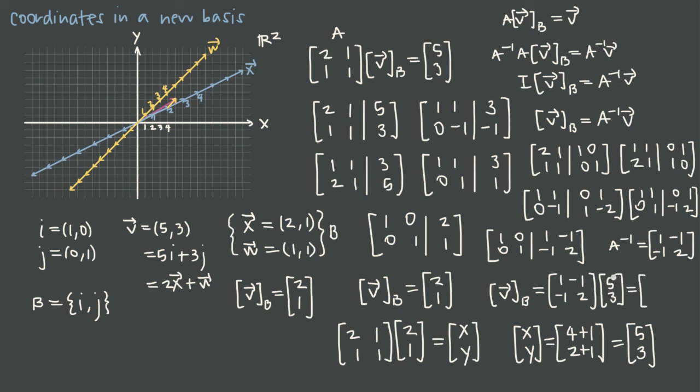So we get 1 times 5 is 5, -1 times 3 is a -3, 5 and a -3 is 2, and then -1 times 5 is a -5, 2 and 3 is 6, -5 and 6 is a +1. And so right away we know that the vector 5, 3 in the standard basis is represented by 2, 1 in this alternate basis defined by the vectors x and w.